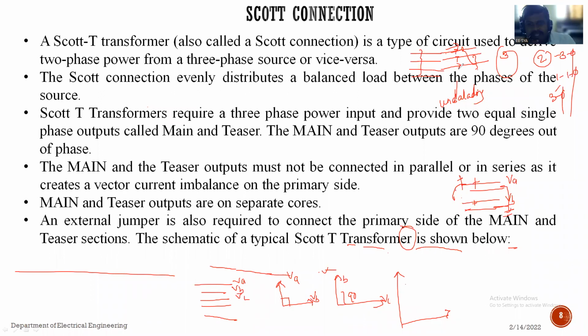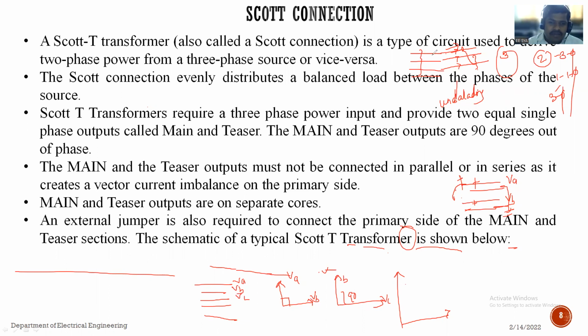Okay, one is nothing but main and one is nothing but teaser transformer. See, this main transformer and teaser transformer are 90 degrees out of phase. मेन ट्रान्सफॉर्मरचं व्होल्टेज आणि teaser transformer voltage, it is 90 degrees apart from each other. That means out of phase by 90 degrees.